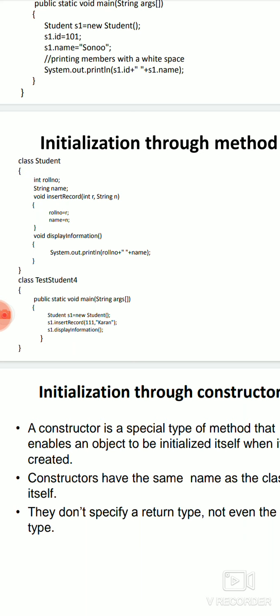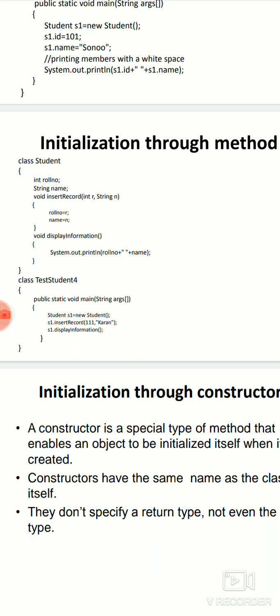It does not give access to the variables and methods used inside the class. Only when you use the new operator with this class name can it get the parameters, like here roll number, string name, void insert record, void display information. All this can be accessed by the object created, s1.